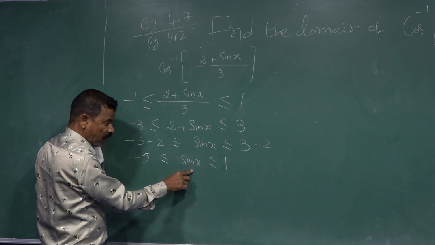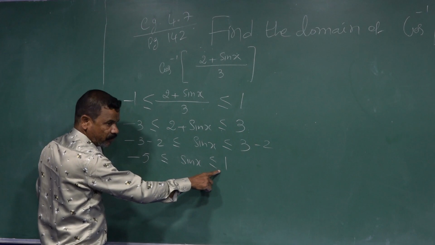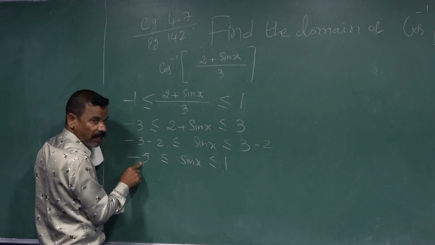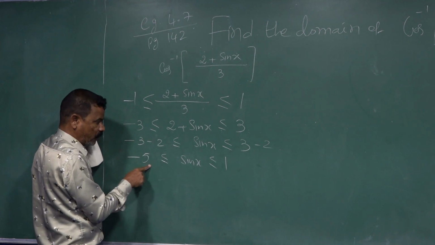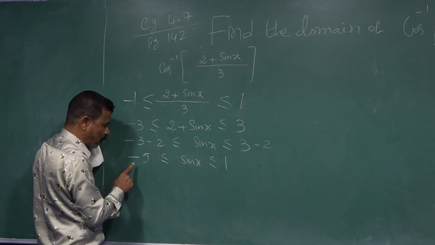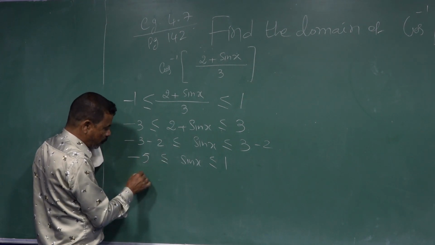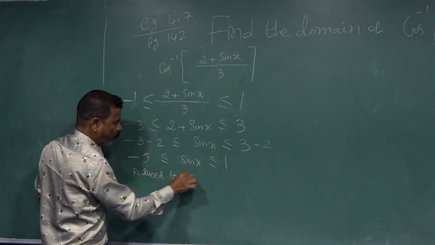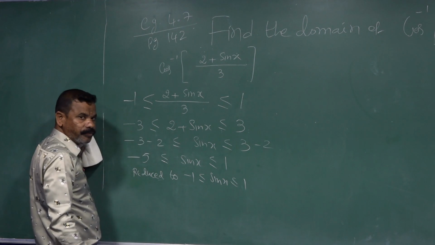Here sin x lies between minus 5 to 1. So this is a contradiction. Minus 5 is not correct. So it is reduced to which value? Actually, what is the range of the sin x value? Minus 1 to plus 1. So instead of minus 5, we reduce the value to minus 1 to plus 1.